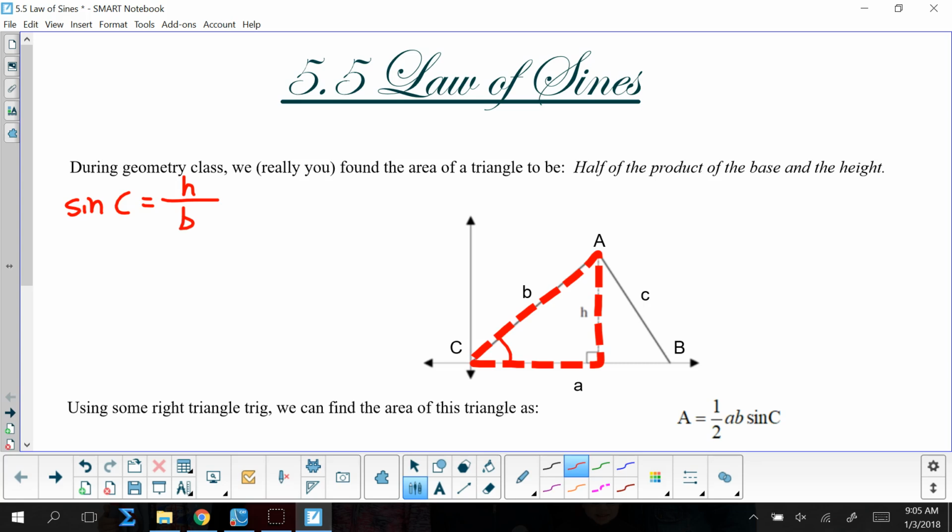And then I can say with great certainty that B times the sine of angle C is equal to the height.